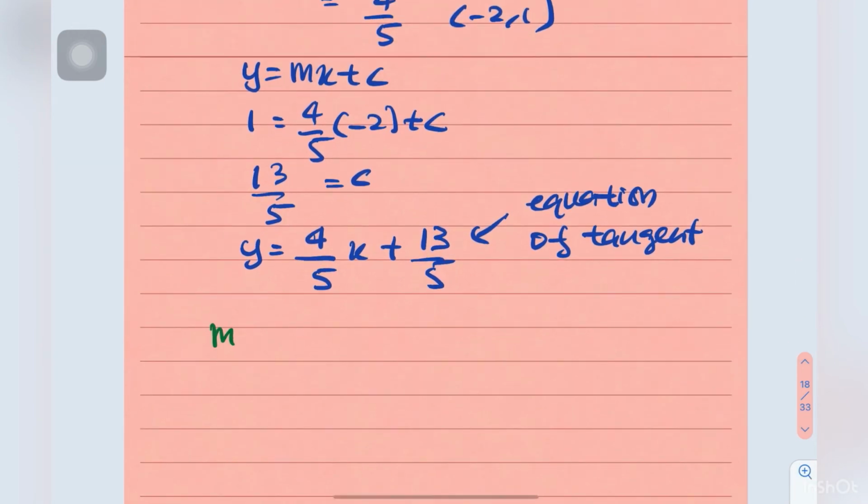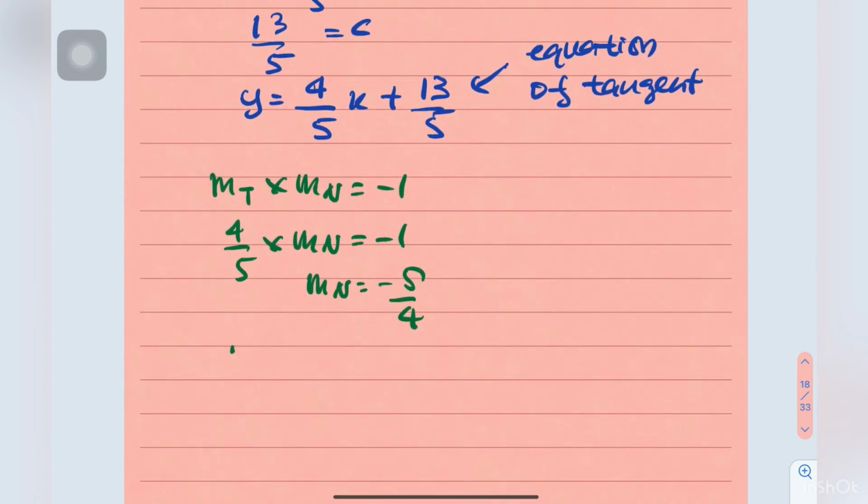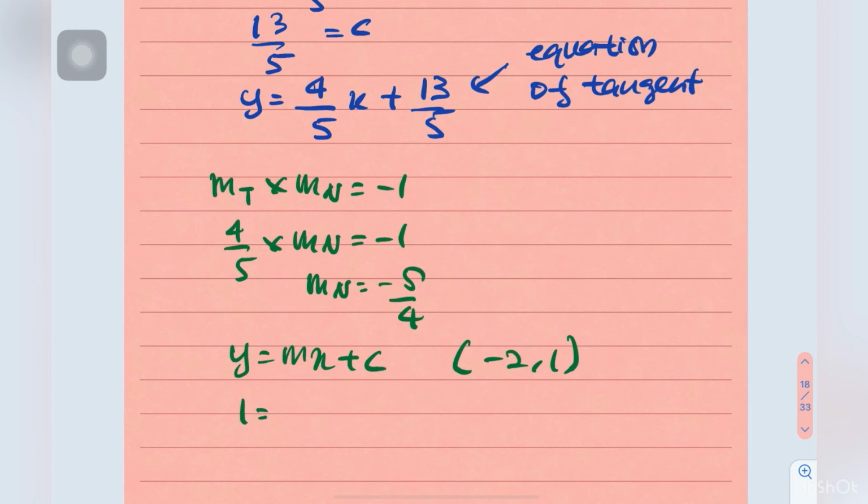Okay, so to find the equation of normal, find the gradient of normal. So same, okay. Gradient of tangent times gradient of normal is negative 1. Tangent is 4 over 5. So then normal is negative 5 over 4. Okay, substitute into y equals mx plus c. The coordinate just now is (-2, 1). y is 1, m is negative 5 over 4, x is negative 2, plus c.